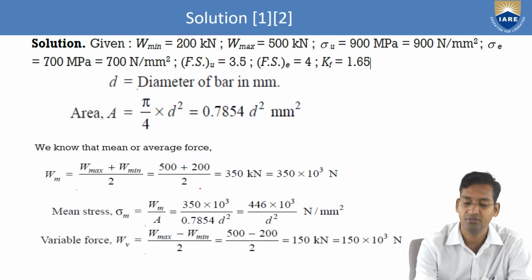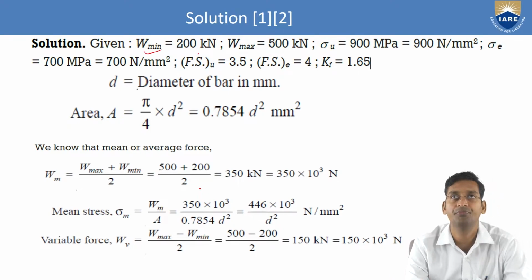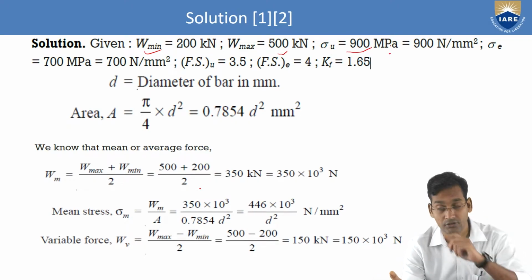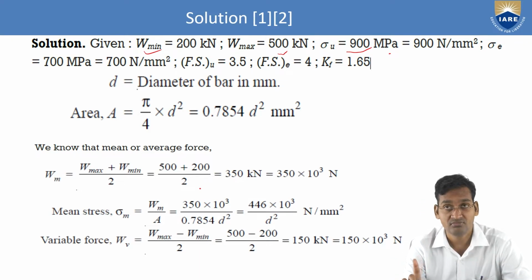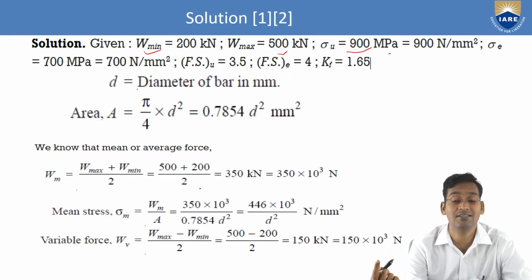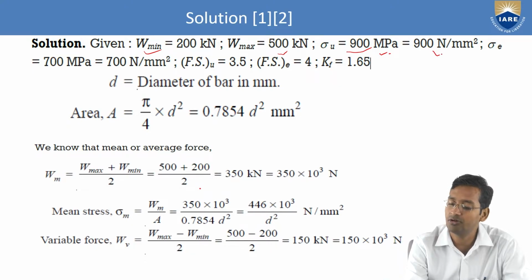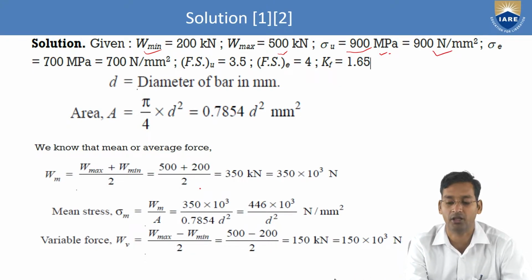So just see first, given W min 200, W max 500 kilonewton, sigma u is given as 900 megapascal. Now just convert this, because now we have to find what? Diameter. Finding diameter in meter is difficult, you will get it in decimals anyhow. So either you can use this itself or you can convert in mm square.